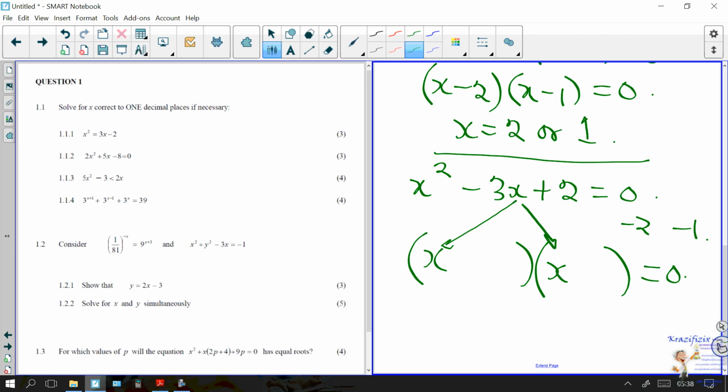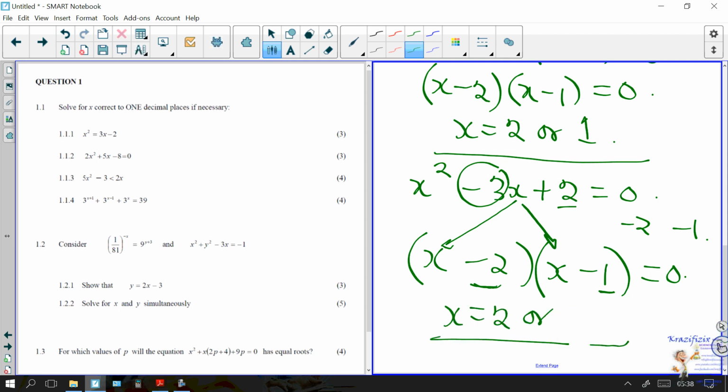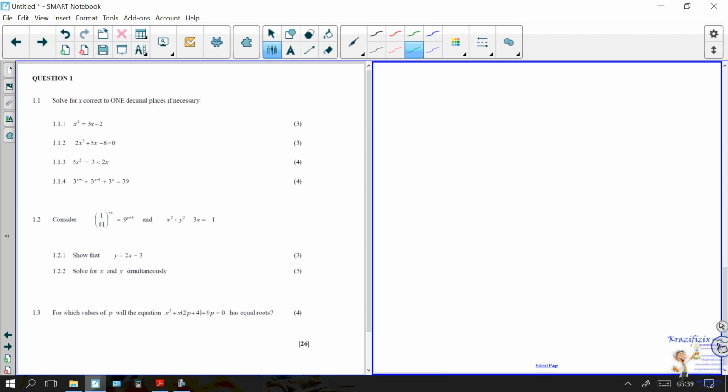And what are my factors? Negative 2 and negative 1, because negative 2 plus negative 1 would give me negative 3, and negative 2 times negative 1 would give me positive 2. So x equals 2 or 1. That's how to deal with that with proper understanding. Let's go to the next one quickly.